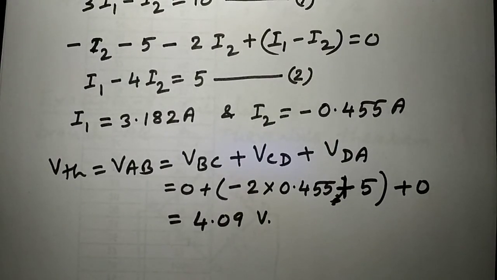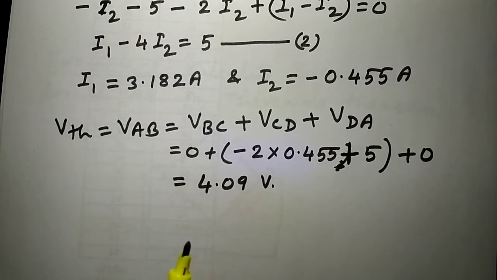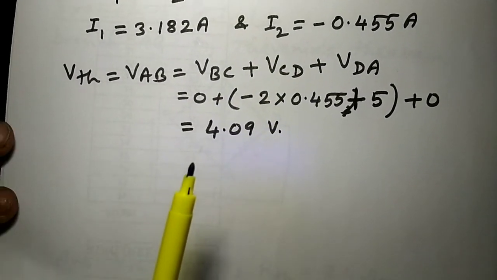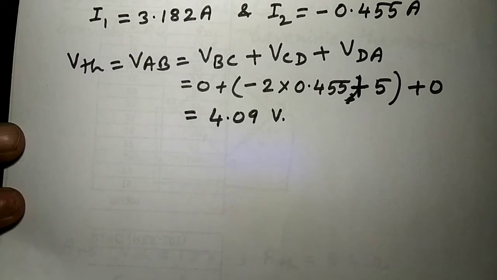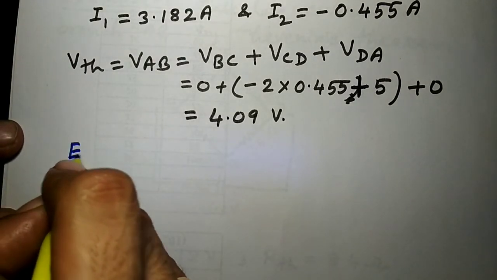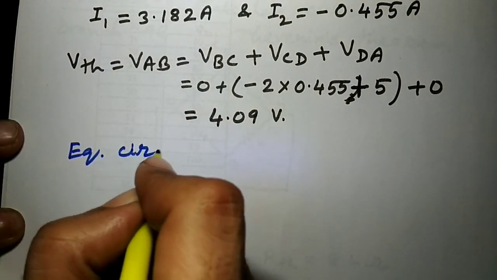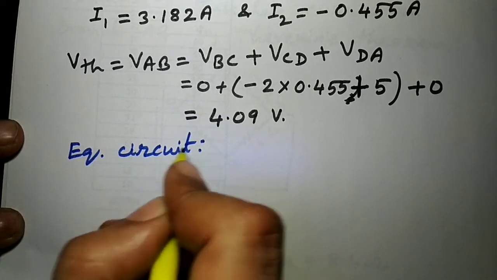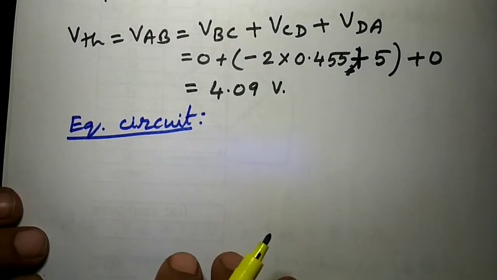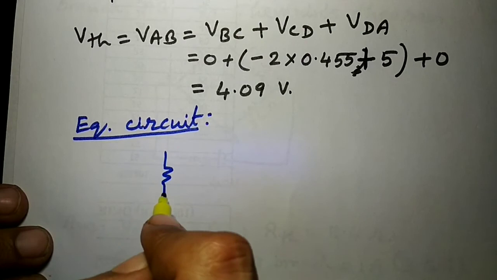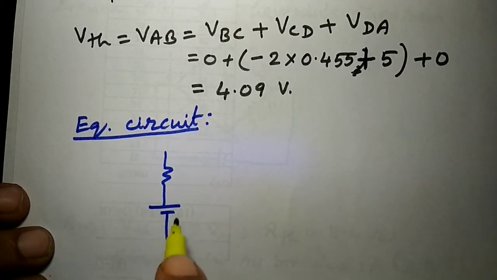So once we calculate VTH and RTH, then according to the question, we have to draw the Thevenin equivalent circuit. So the equivalent circuit will be RTH and VTH.